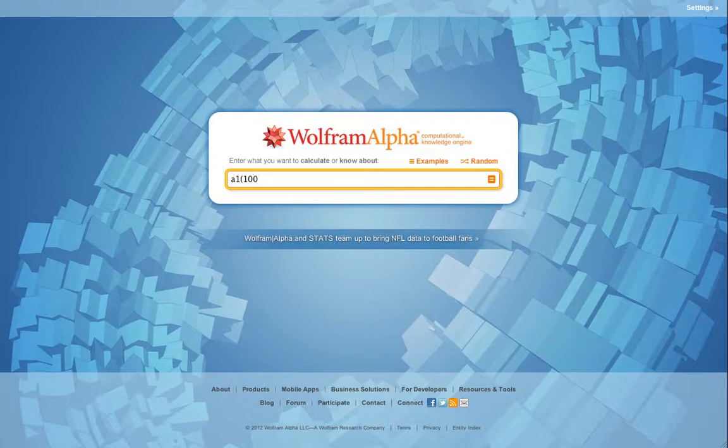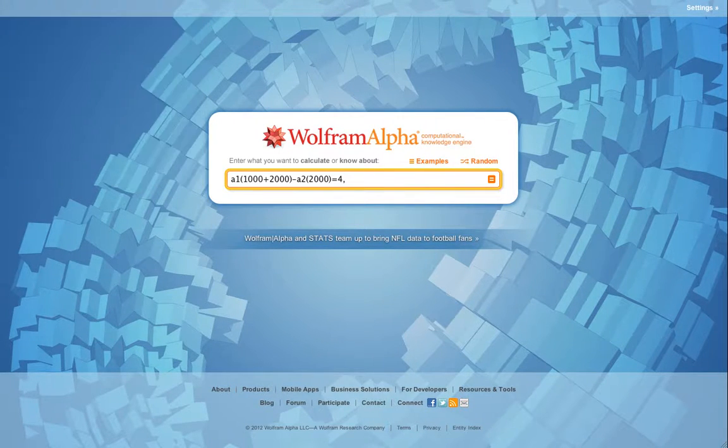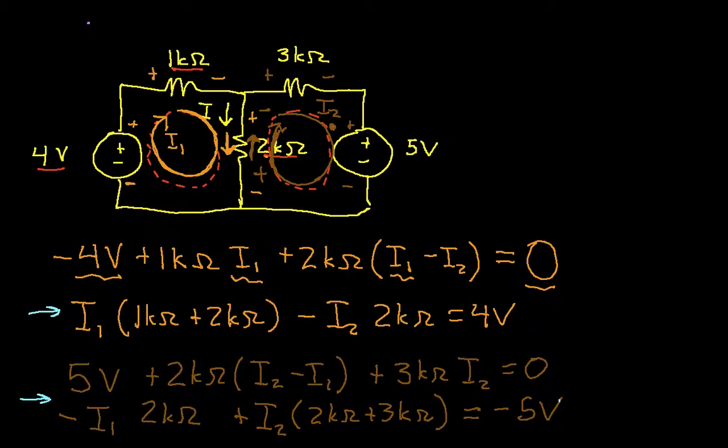So we have A1, which stands for I1, times 1K ohms plus 2K ohms, minus A2 times 2K ohms, and this is equal to 4 volts, if I've done that correctly. Okay, yeah, it looks like I did it correctly.